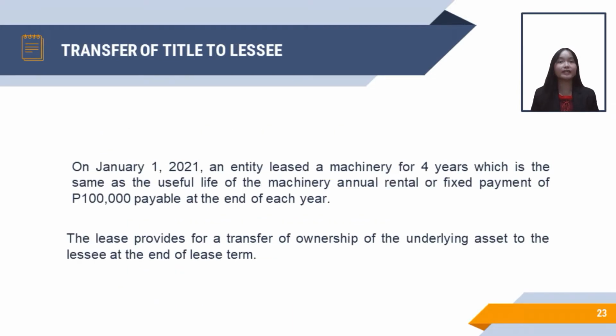In transferring the title to the lessee, we have here an example. On January 1, 2021, an entity leased a machinery for 4 years, which is the same as the useful life of the machinery, with annual rental or fixed payment of 100,000 pesos payable at the end of each year. The lease provides for transfer of ownership of the underlying asset to the lessee at the end of the lease term.